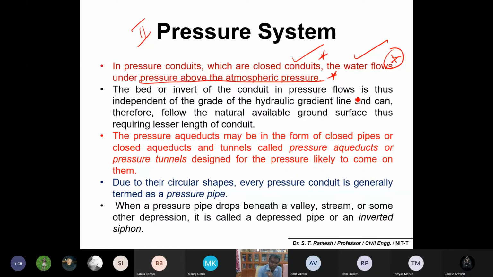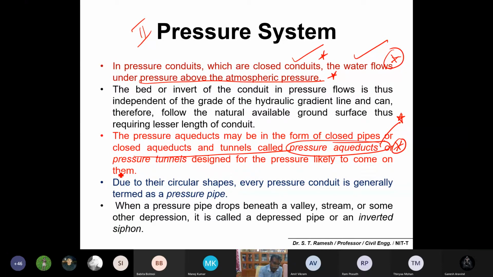These pressure systems in the form of closed pipes or closed aqueducts or tunnels are called pressure aqueducts. Please remember these terms, pressure aqueducts and pressure tunnels, designed for the pressure likely to come on them. So please remember what pressure aqueducts are: closed pipes or closed aqueducts or tunnels, simply called pressure aqueducts.